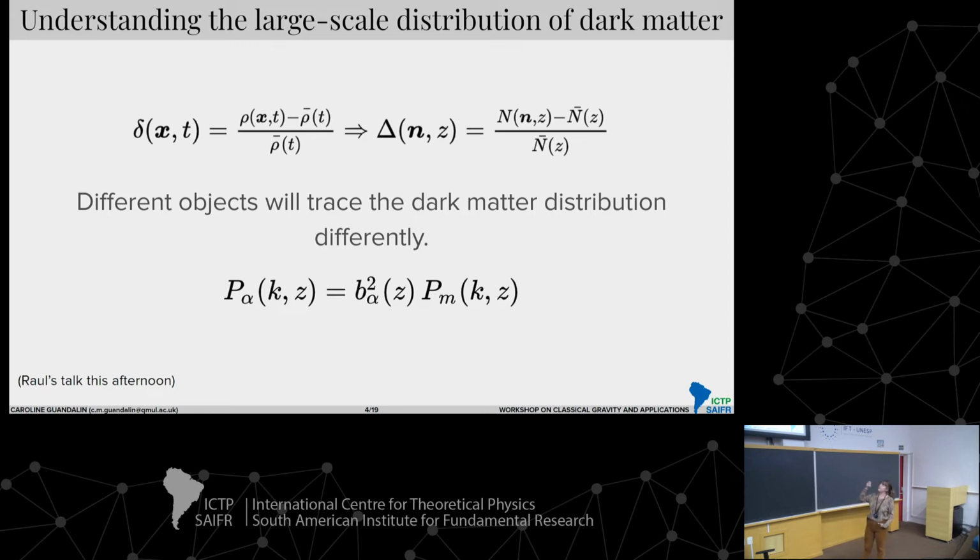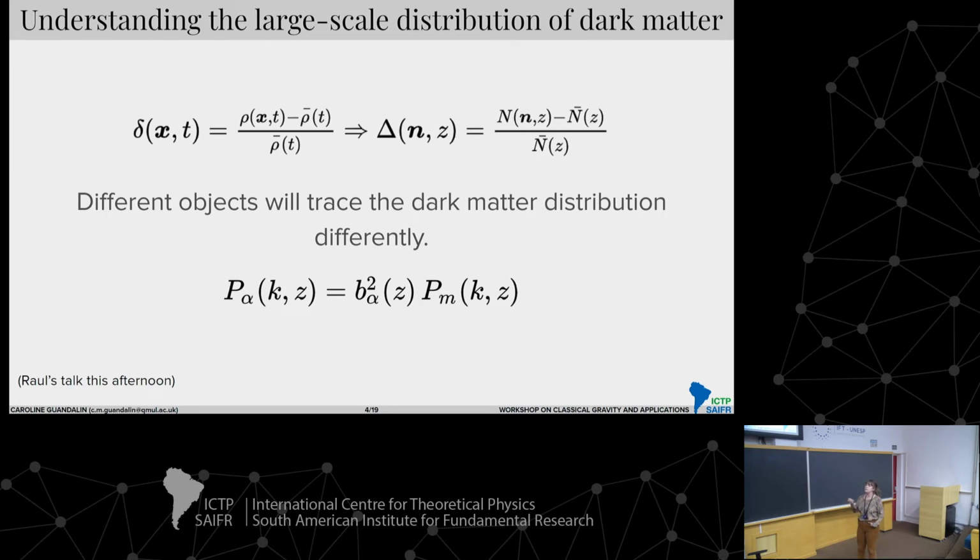And the point is that different galaxies, for example, a blue galaxy or a red galaxy, as Raul mentioned, are different tracers. They are going to trace differently the distribution of dark matter in the universe. And what this means is that when you compute, for example, your two-point statistics, so this is the Fourier transform of the two-point correlation function, the power spectrum here, what you're going to have is the presence of, for example, a linear bias, which can have different values for different tracers.